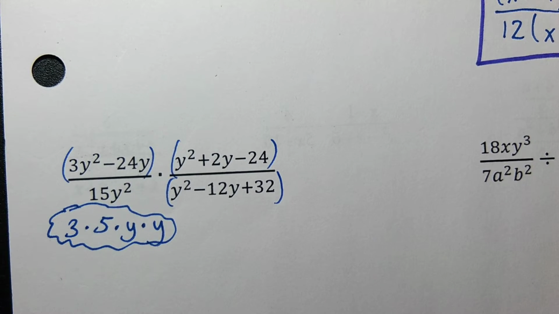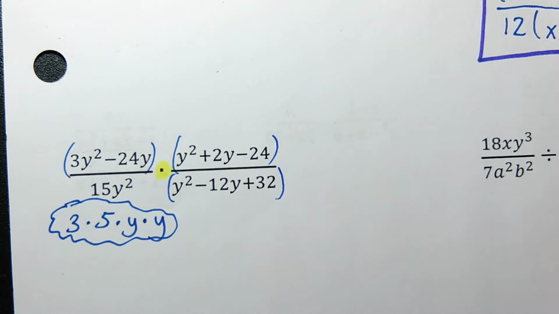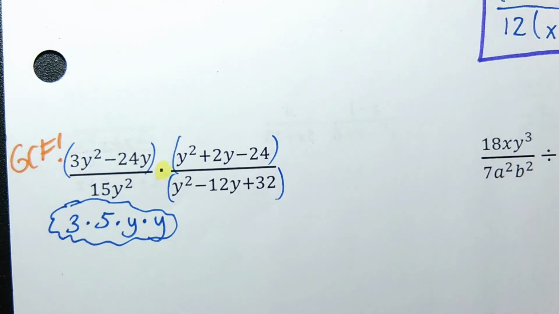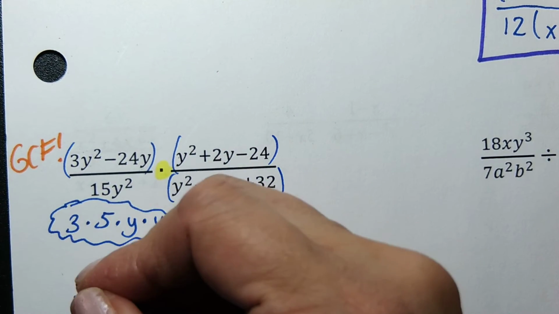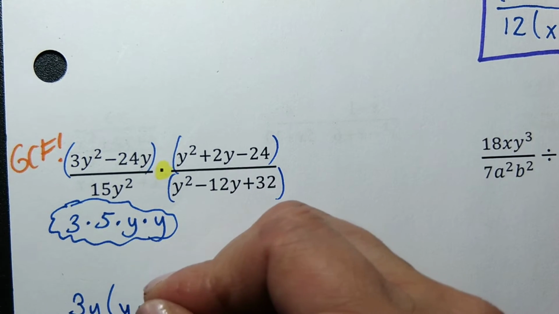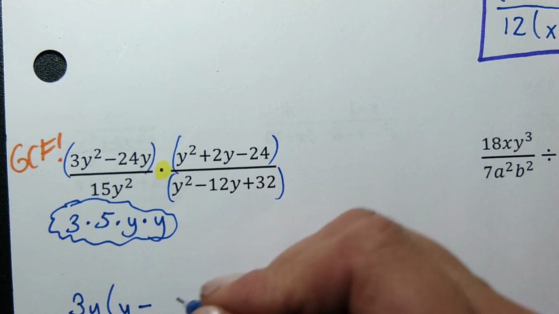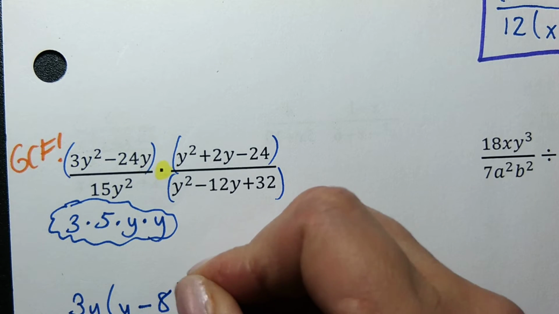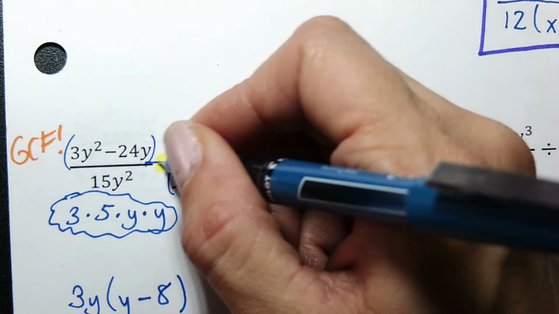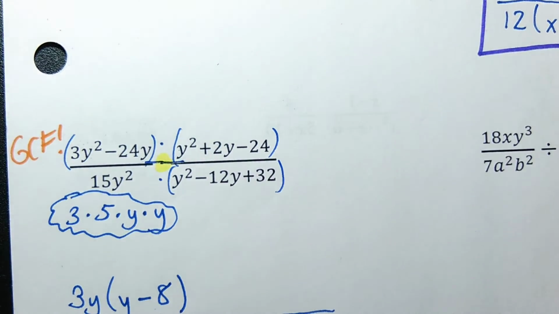First, our operation. It is multiplication, so that means factor and go. What can I do to factor 3y squared minus 24y? Divided by 3y. So wonderful, we got a GCF. So I'm going to take a 3y out of both of those. And that will leave me with y minus 8. Then we join these fractions together.